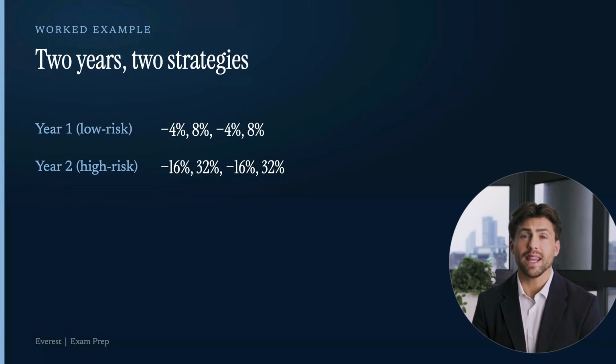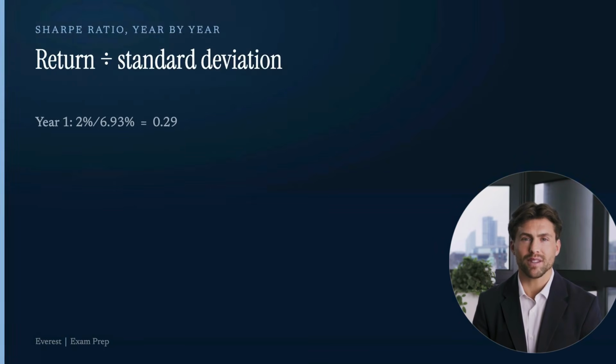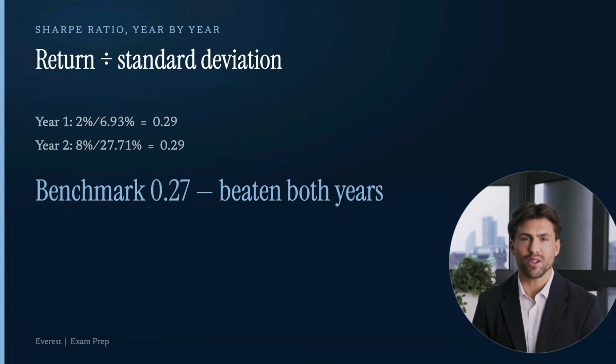Year 2: -16%, 32%, -16%, 32%, 4 times as wide, and an 8% average, 27.71% standard deviation. Divide excess return by standard deviation, and you get the Sharpe ratio. Both years come out to about 0.29, comfortably ahead of a benchmark sitting at 0.27. Judged year by year, this manager beat the benchmark twice in a row.